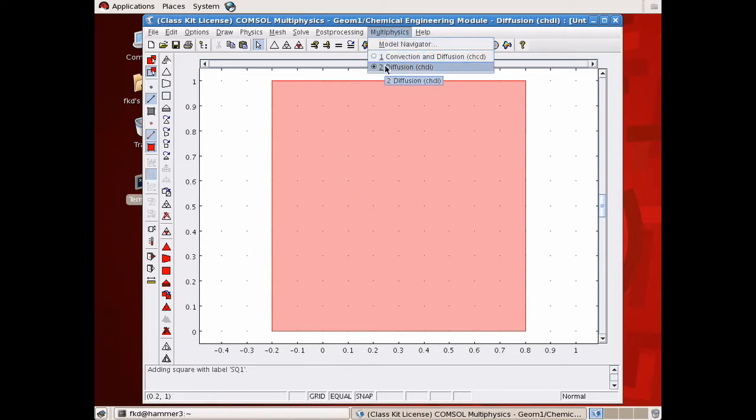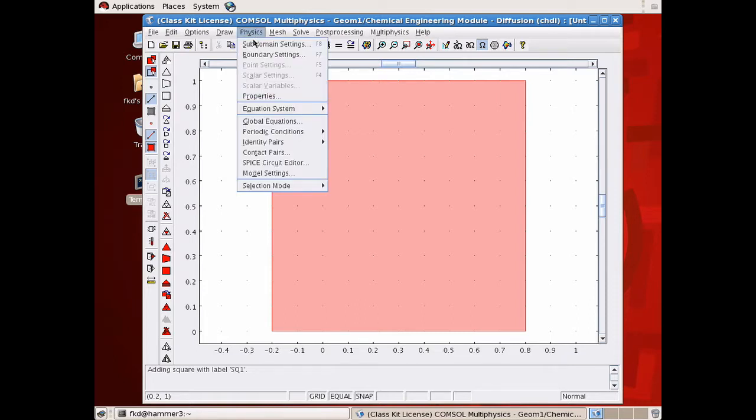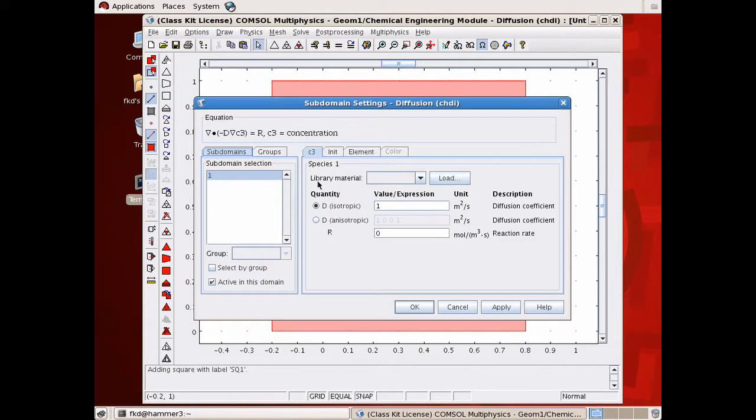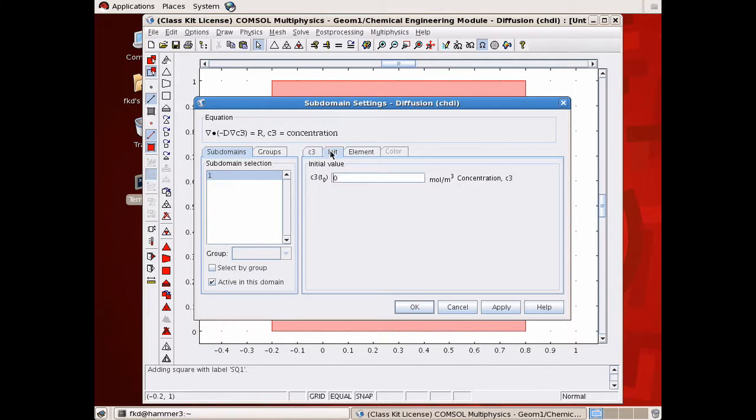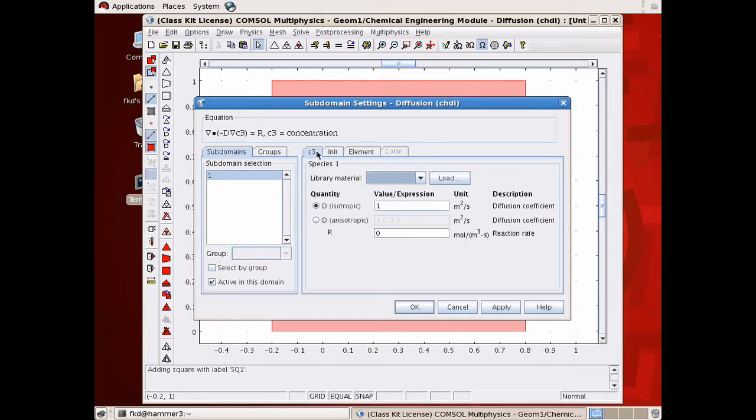So the diffusion part is my flow equation. And so the subdomain is going to be, we're solving this. This is going to be hydraulic conductivity, and this is going to be head, right? And so hydraulic conductivity of 1. And initial conditions we won't put to 0. We need to know those.